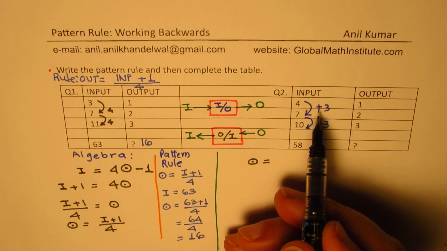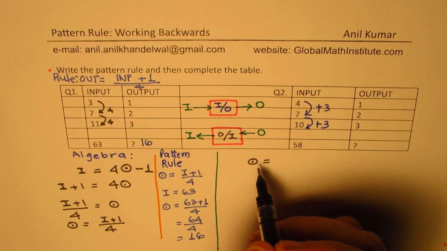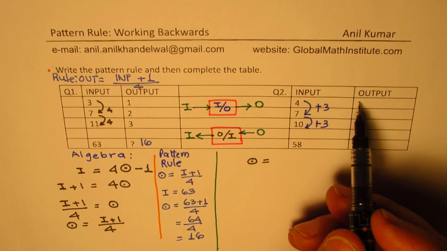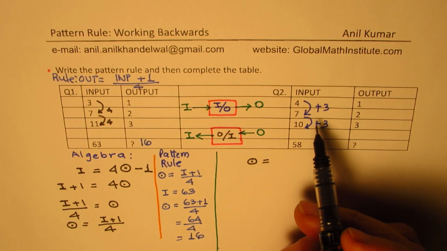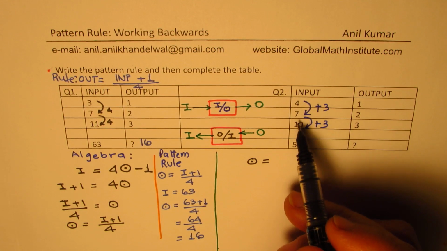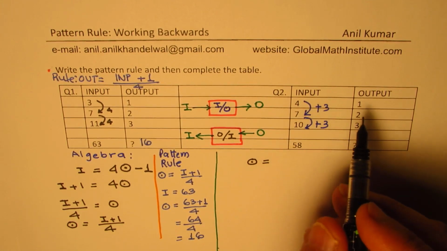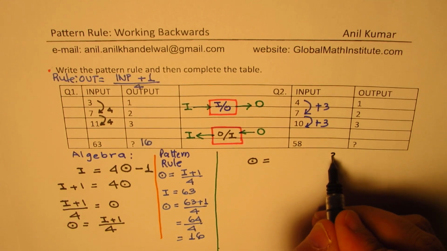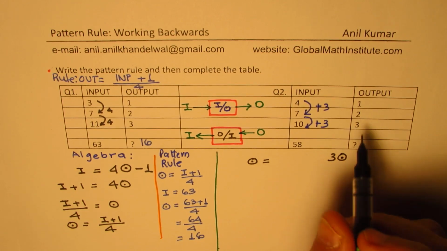So output in this case we need to figure out, but we will start with the input itself, right? So output is 1, 2, 3 and inputs are 4, 7, 10. How do you get these? Well, the rule should be that the output will be multiplied by 3, right? So we got 3 times the output, right? Let me redo it. 3 times the output.